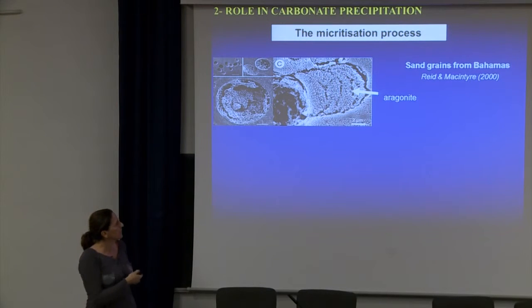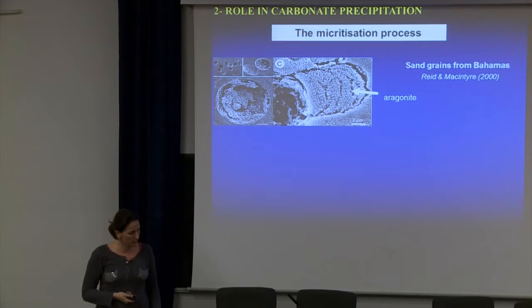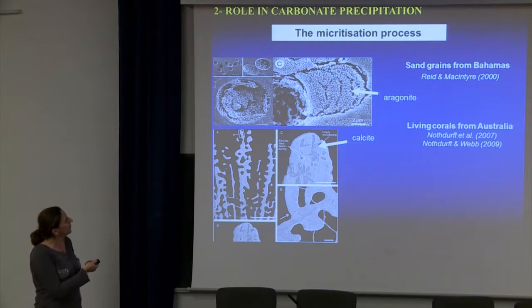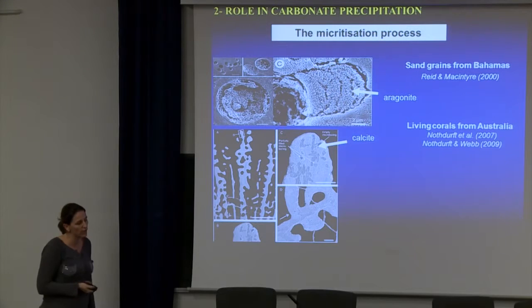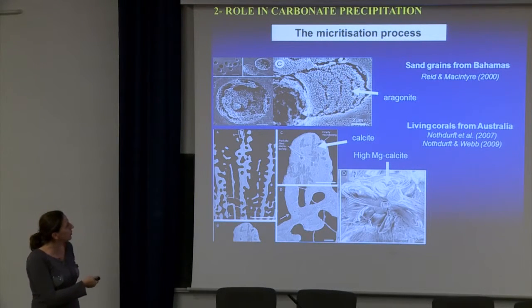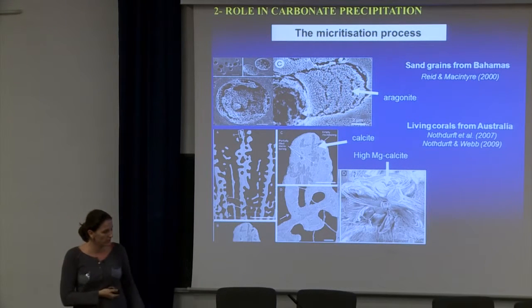This experiment was carried out in the Bahamas in 2000. Nordorf et al. also showed that this micritization process could take place in living corals. The galleries of boring organisms would be filled with calcite, for instance. They also found precipitates such as high magnesium calcite around the filament, not inside the gallery this time.